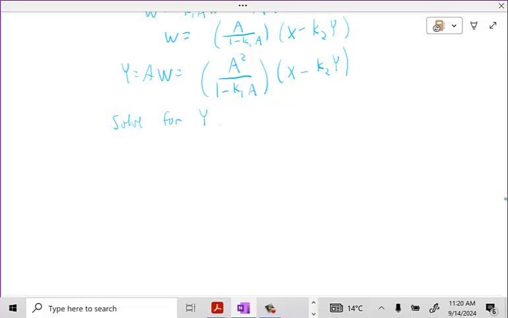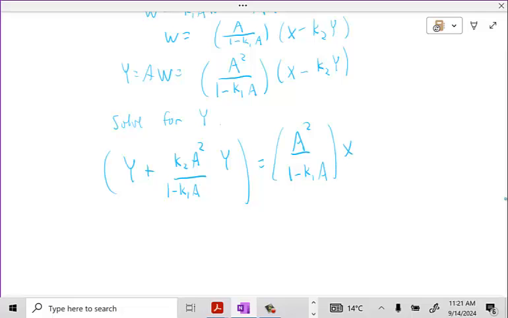I want to bring the Y to the other side, so I'm going to have Y plus K2 A squared Y over 1 minus K1A equals A squared over 1 minus K1A X.